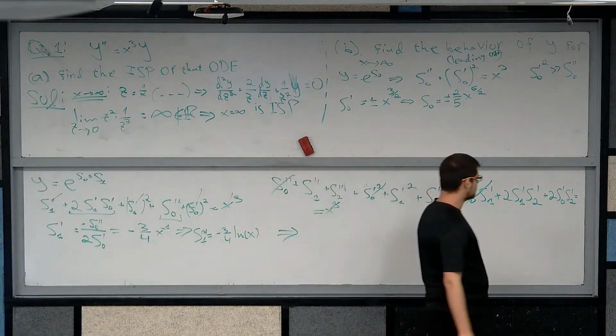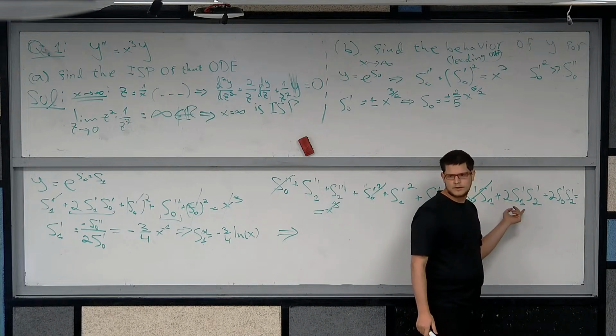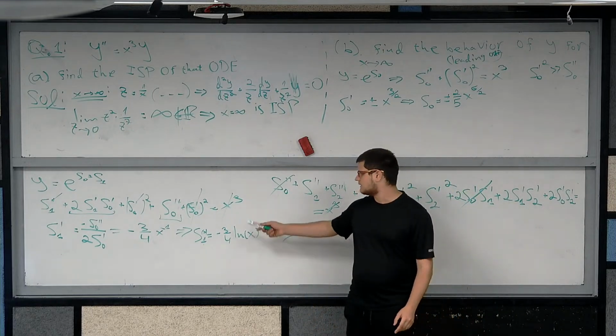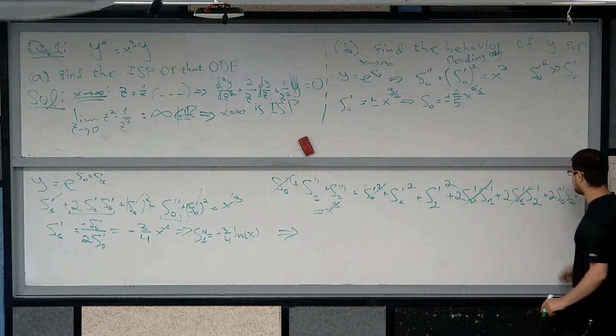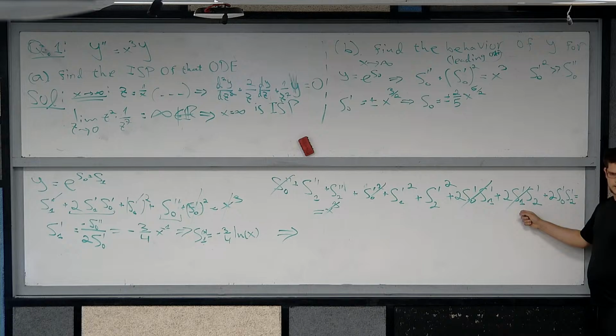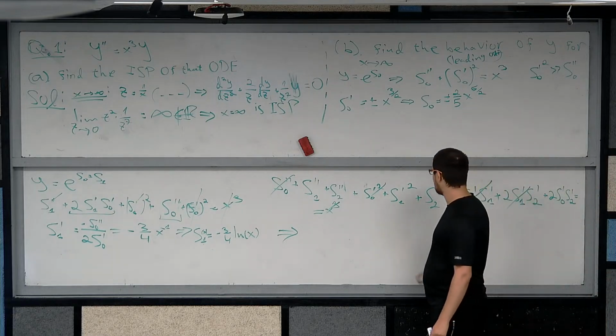S0 prime, intuitively, we know that is much bigger than S1 prime, because we already know what S1 is. So we can just say that is negligible compared to that. Also, what we did here is not an ansatz. You can just take the term out of S2 prime and see that thing is negligible.